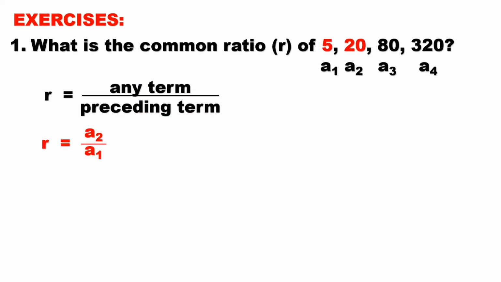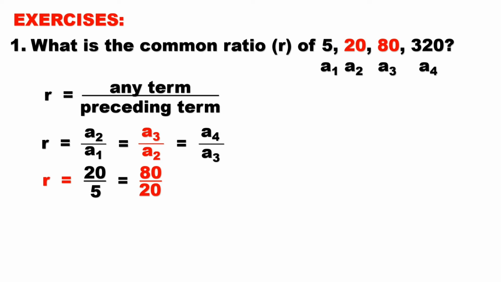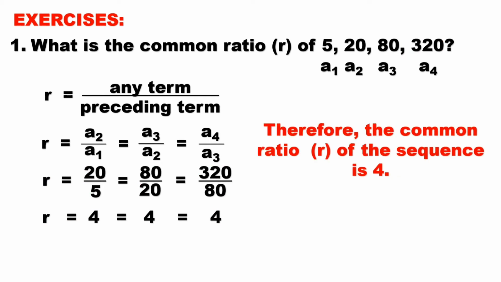So, r equals a sub 2 over a sub 1 or a sub 3 over a sub 2 or a sub 4 over a sub 3. The common ratio is 20 over 5 or 80 over 20 or 320 over 80. All of them, the quotient is 4. Therefore, the common ratio of the sequence above is 4.